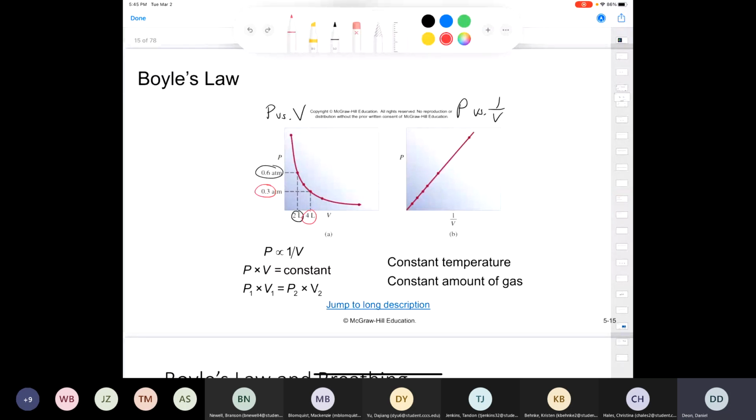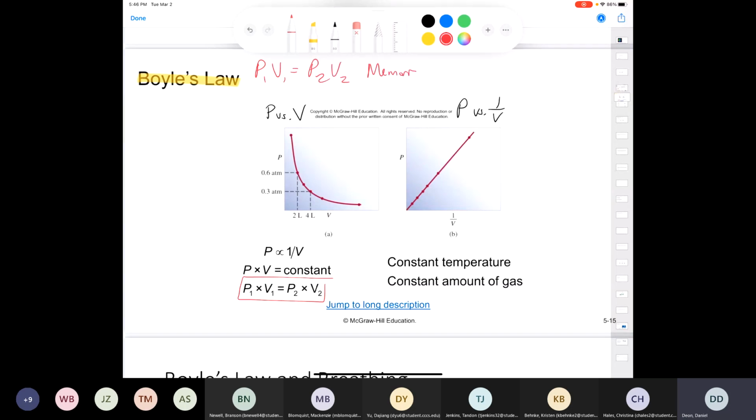And we can make a relationship. We can say, well, I can choose any 2 points anywhere along this graph, okay? And what can I say? I can say that P1 times V1 is going to be equal to P2 times V2, and that is called Boyle's law. Okay, so Boyle's law is P1 V1 is equal to P2 V2.